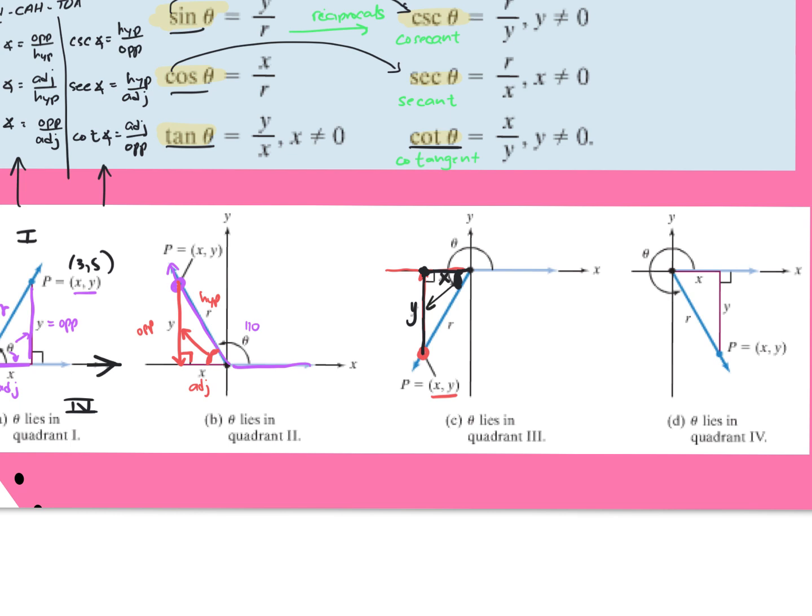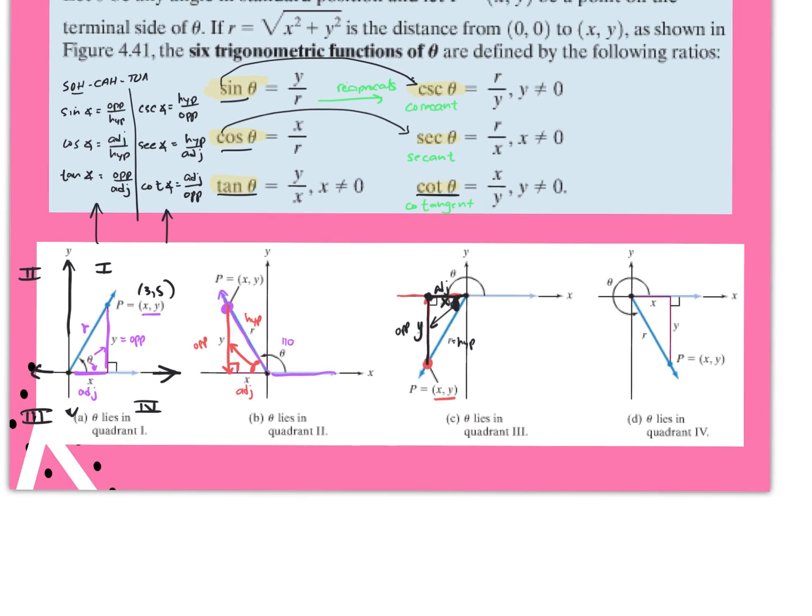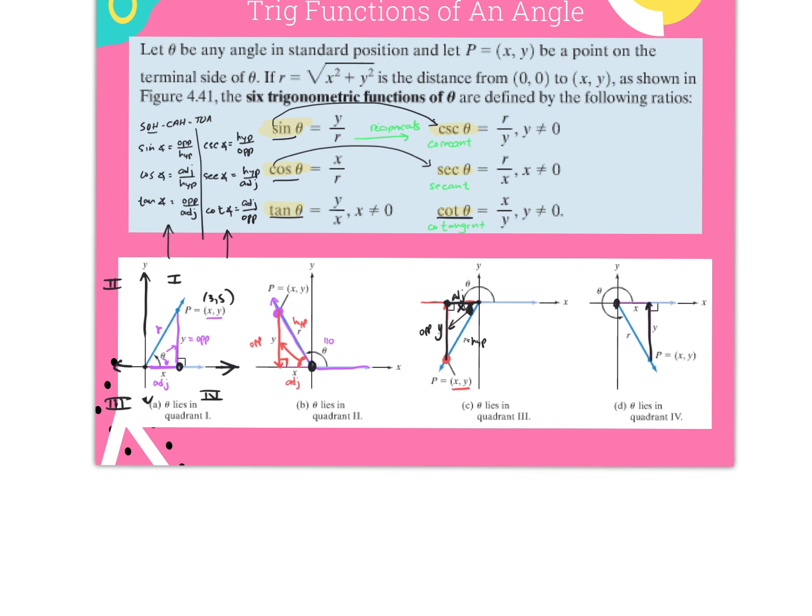I have my opposite y, my adjacent x, and my r is always my hypotenuse. So when I create this triangle, always knowing that my vertex is at the origin in every case, and I create this perpendicular line back to my x-axis, I'm always going to have y as my opposite, x as my adjacent, and r as my hypotenuse.